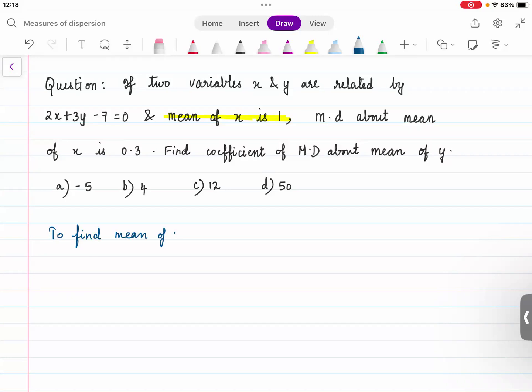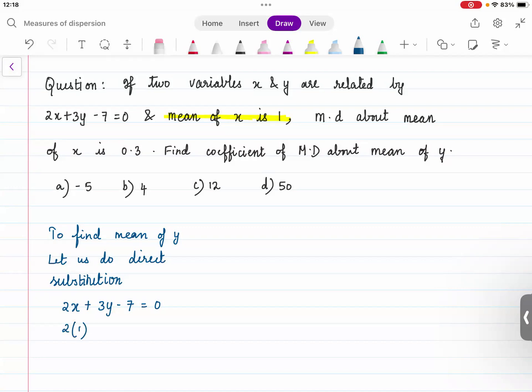To find mean of y, let us do direct substitution. So in this equation, what is the equation? 2x plus 3y minus 7 is equal to 0. What is mean of x? It is given as 1.